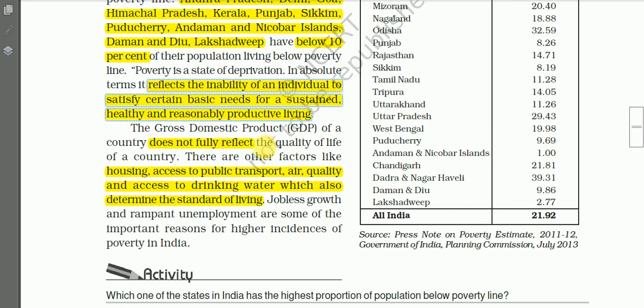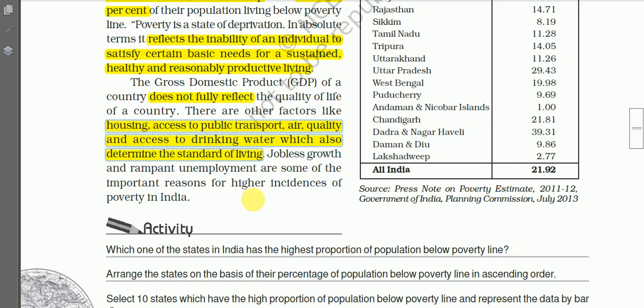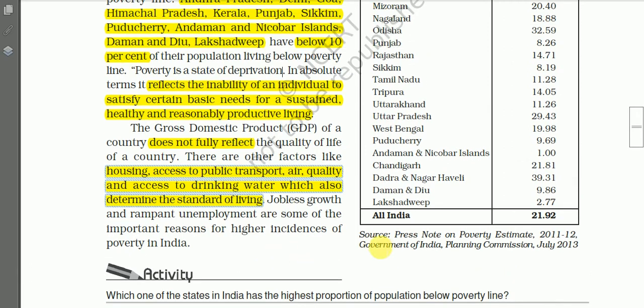And you must know that the gross domestic product of a country does not fully reflect the quality of life of the country. There are other factors like housing, access to public transport, air quality, and access to drinking water, which also determine the standard of living. Then jobless growth and rampant unemployment are some of the important reasons for the higher incidence of poverty in India.